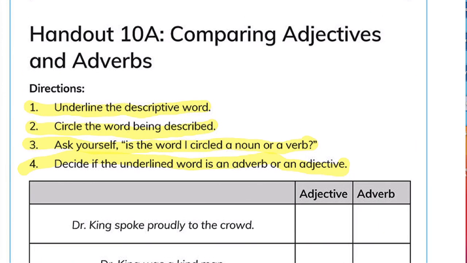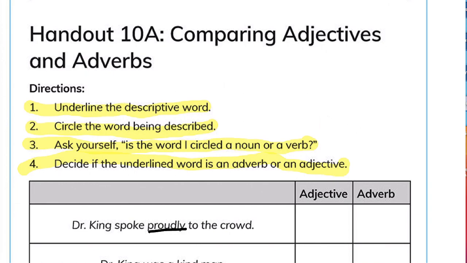So let's look at our first sentence here. Dr. King spoke proudly to the crowd. What is our descriptive word in this sentence? Our descriptive word in this sentence would be proudly. So it says underline the descriptive word, then circle the word being described. So what are we describing as proudly?